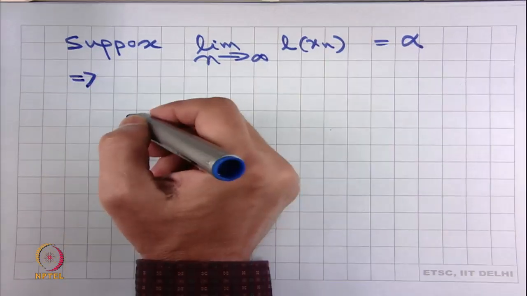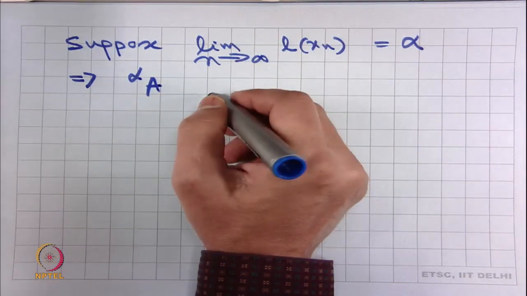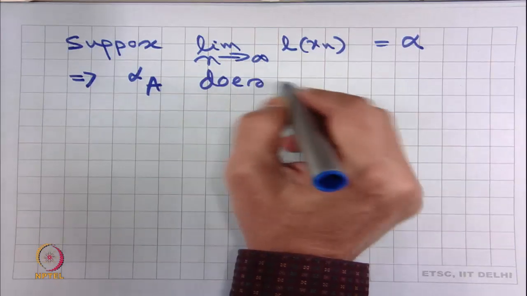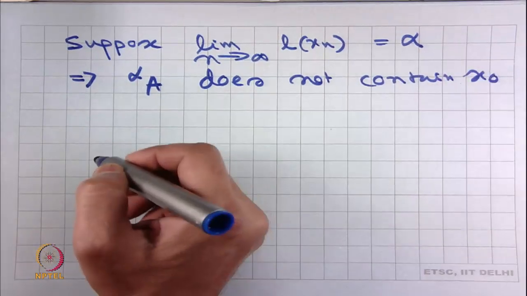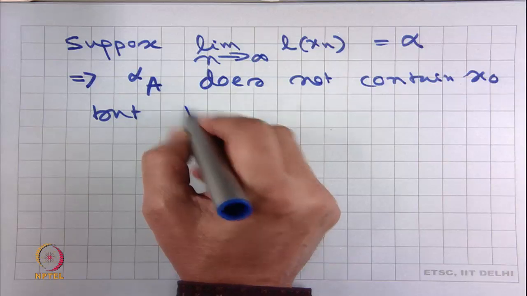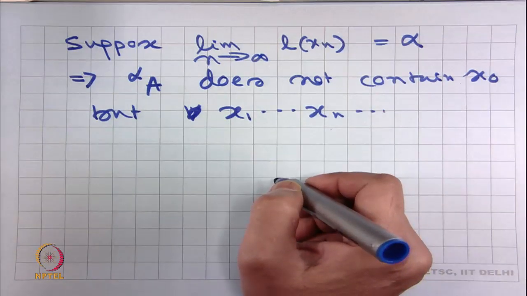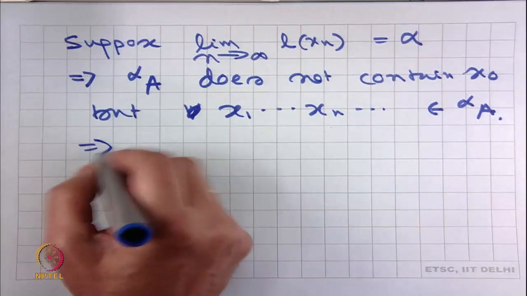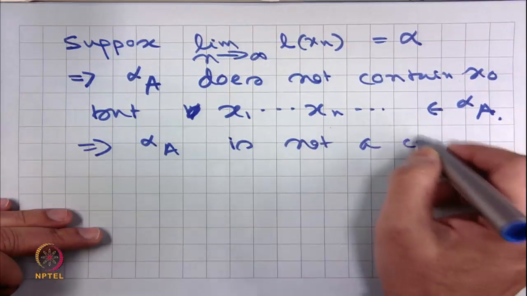This implies the alpha cut of A does not contain x naught, but all x i, x 1, x 2, x n belong to the alpha cut of A, which implies the alpha cut of A is not a closed interval.